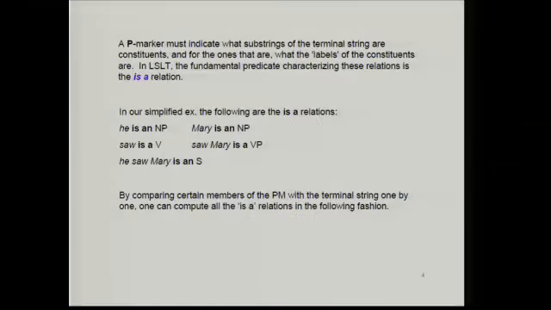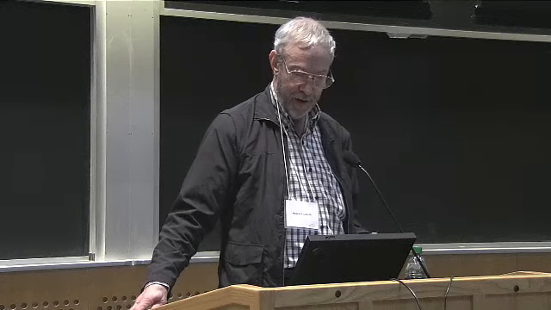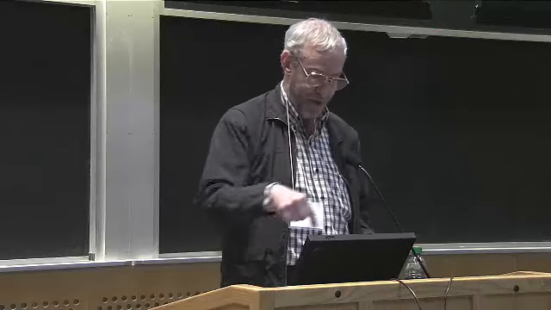Well, by comparing certain members of the phrase marker with the terminal string one by one, one can compute all the ISA relations as follows. So compare he saw Mary with he VP. So you reduce the common thing, and then you deduce that saw Mary is a VP. If you compare he saw Mary with he V Mary, you can deduce that saw is a V, and so on.